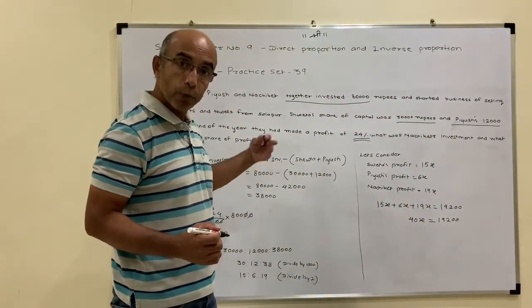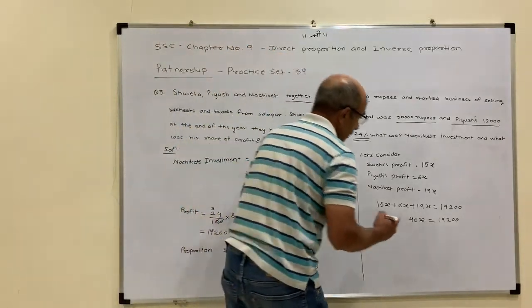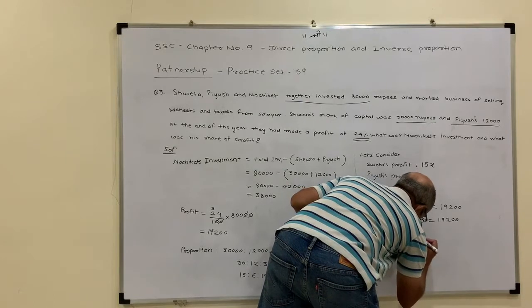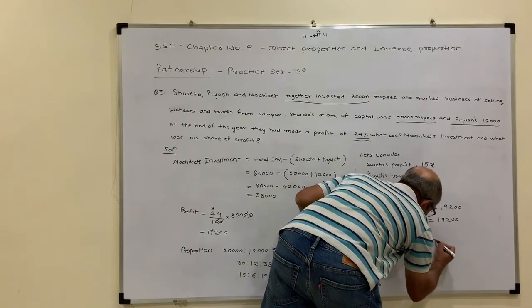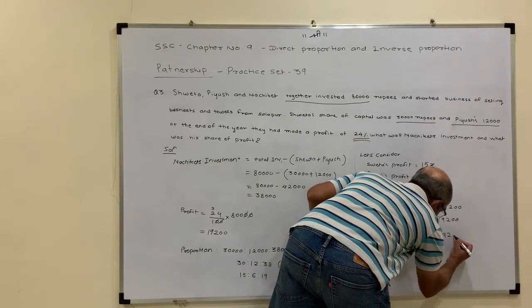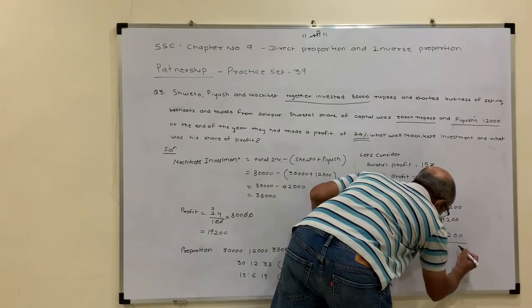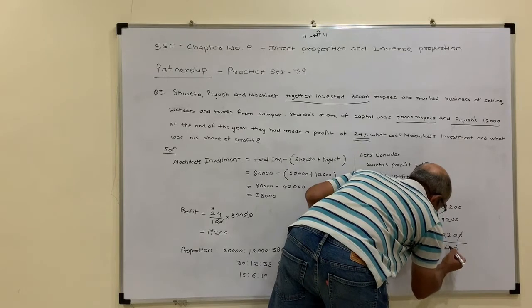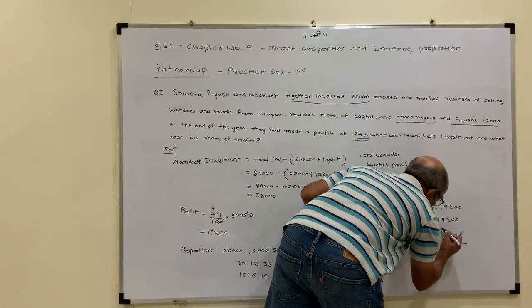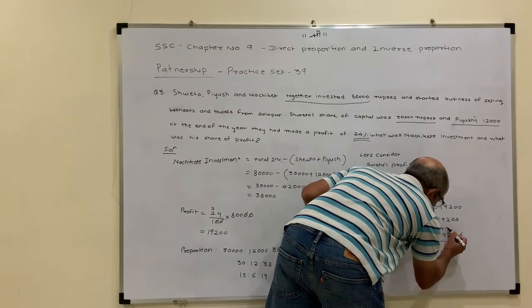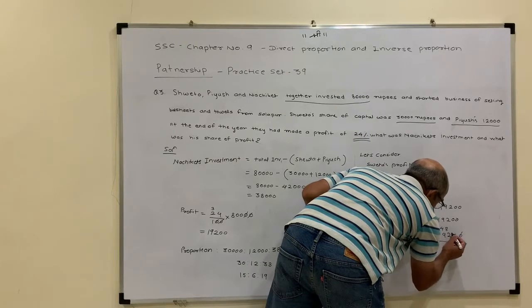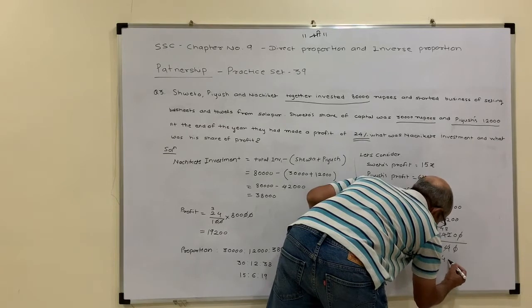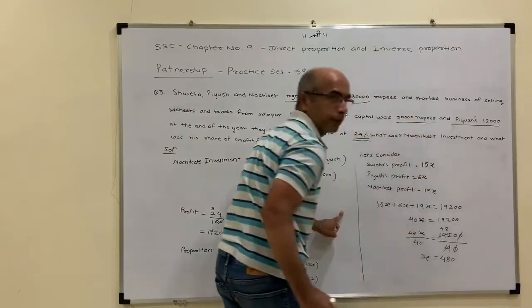Now I divide both sides by 40. So x equals 40x divided by 40 equals 19200 divided by 40. 4 fours are 16, 4 eights are 32. So x equals 480.